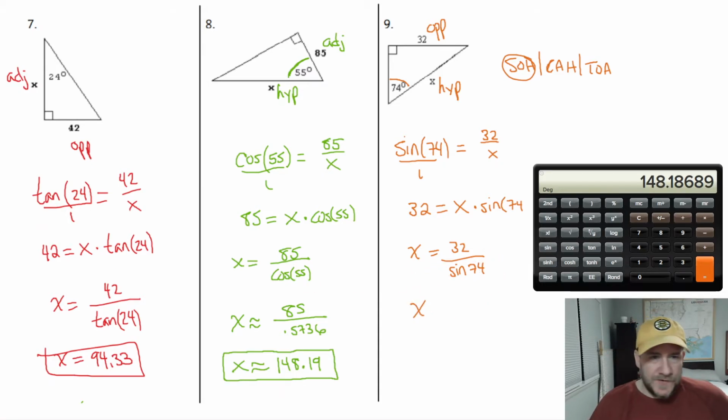So if you've got a little scientific calculator, then you can type in, how do we type this again? We go 32 divided by, then you have to type the angle, 74, then you say I want the sine of that angle, then you got to hit equals, and you get 33.29.